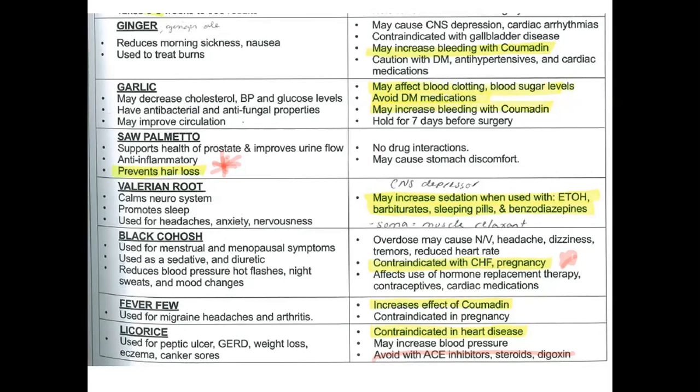The last two herbals are feverfew. Feverfew is used for migraine headache or joint pain like arthritis. Same as other herbals, ginger, garlic, saw palmetto, or St. John's wort, they can interact with blood thinners. So it increases the effect of coumadin and increases bleeding.